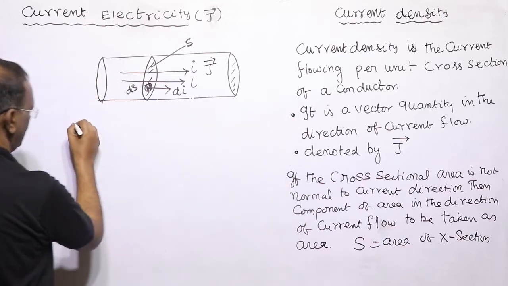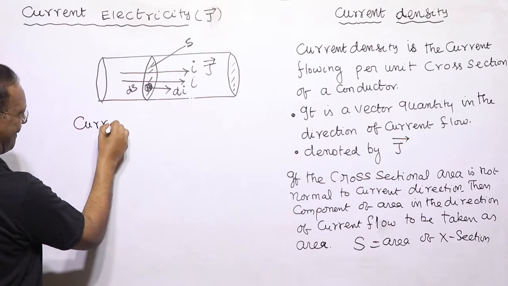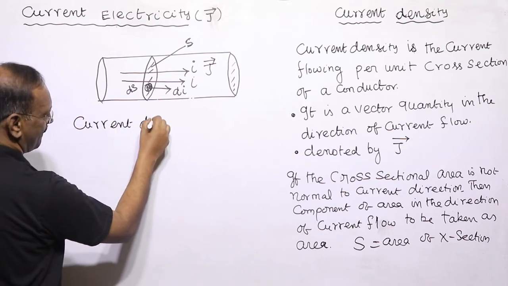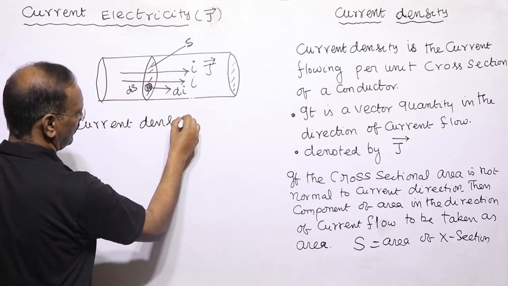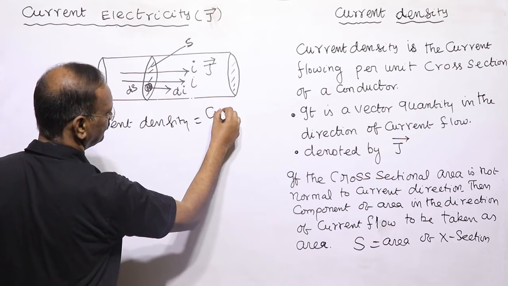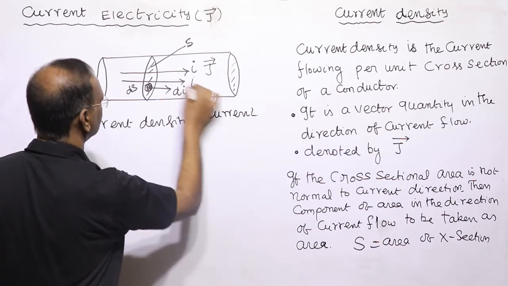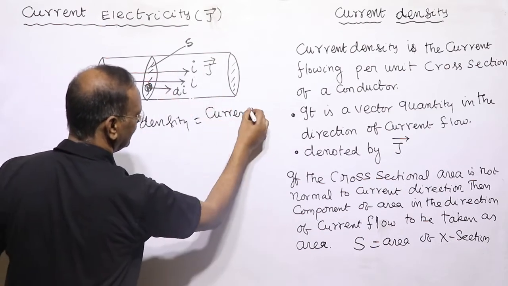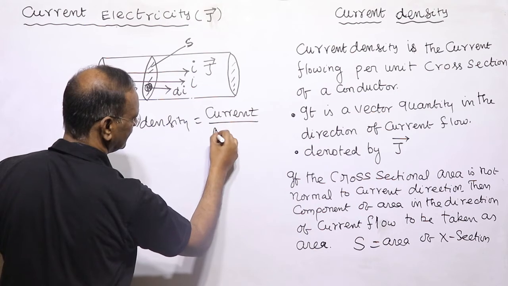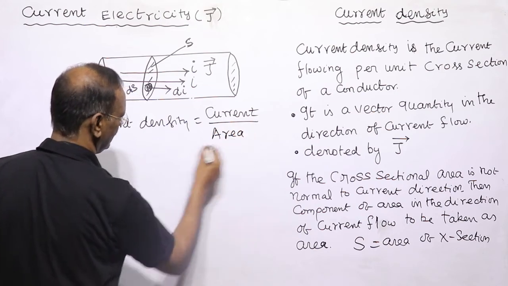Now we can say current density J is equal to the current flowing through the cross-sectional area divided by that cross-sectional area.